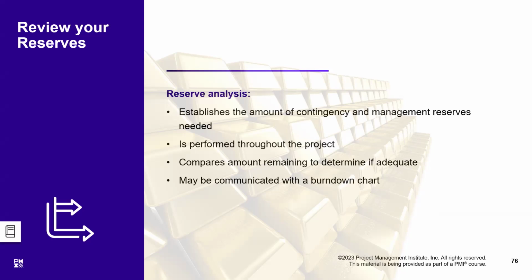And whatever the analysis of reserves is, we must communicate that through a burn down chart, especially how many risks were there. That is the full candle, and as those risks are eliminated or they are addressed and their time has passed, we keep moving down.